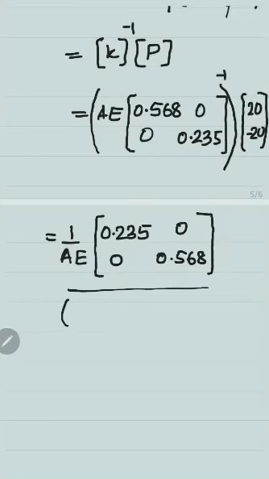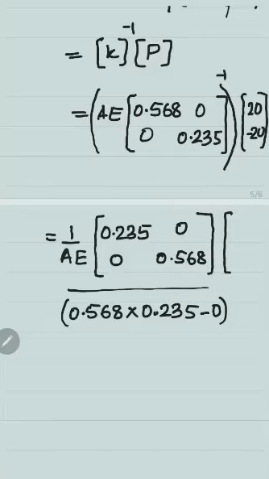The determinant is 0.5686 into 0.2356 minus 0 square, and that is multiplied by the P matrix, 20, minus 20, right?